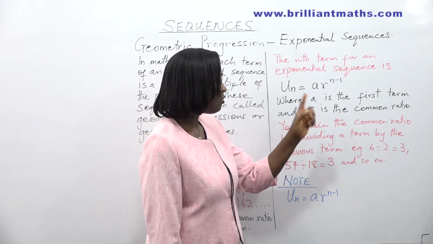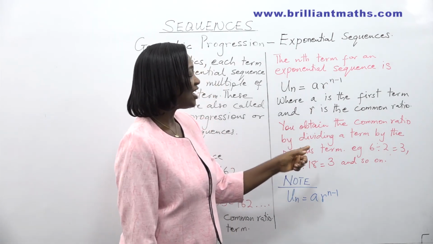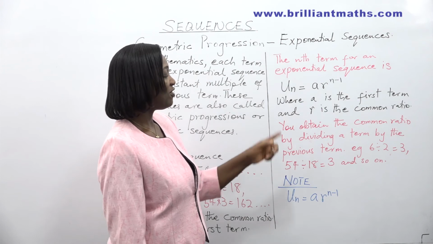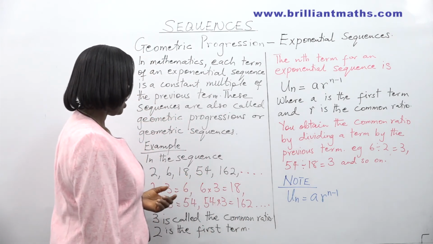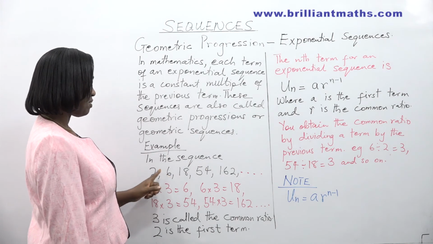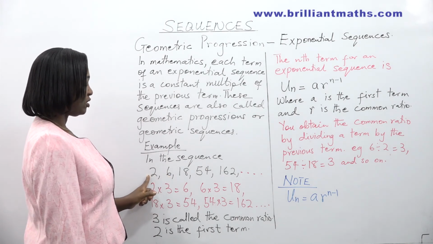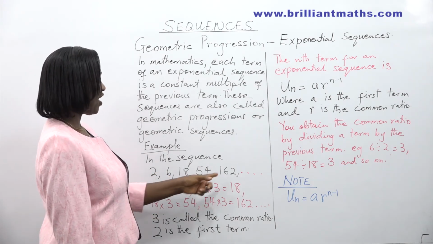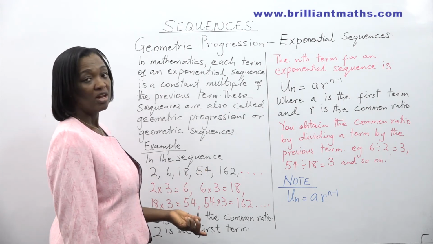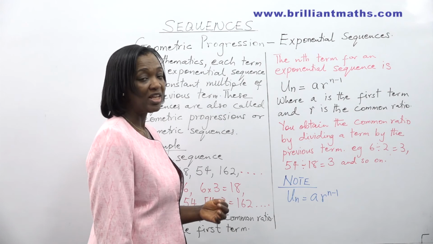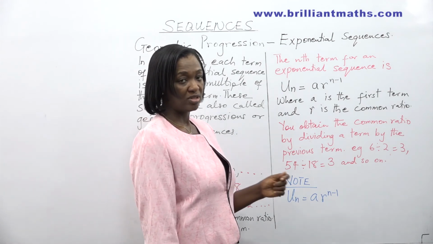So a is the first term and r is the common ratio. You obtain the common ratio by dividing a term by the previous term. That's how we got 3. We divide 6 by 2, we get 3. If you divide 54 by 18, you get 3. The common ratio is usually the same, it is a constant.